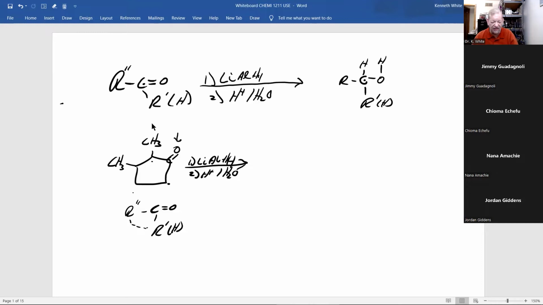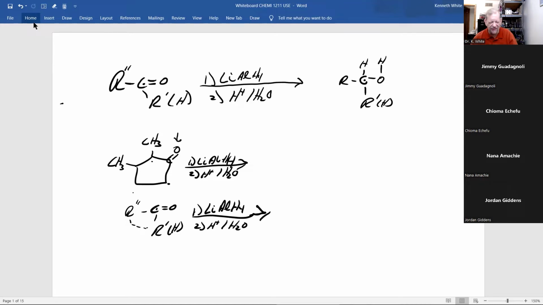But it could have been an aldehyde. Lithium aluminum hydride as the first step, and second step, acid and water.